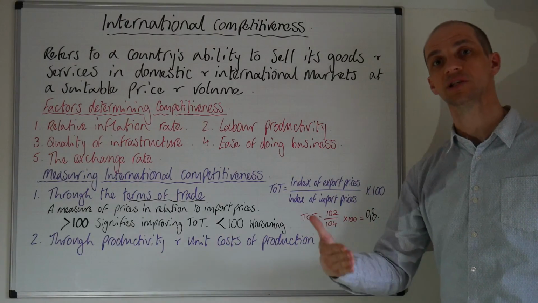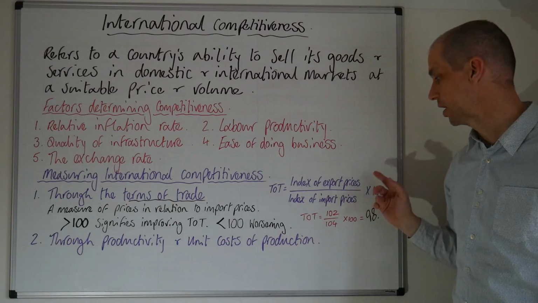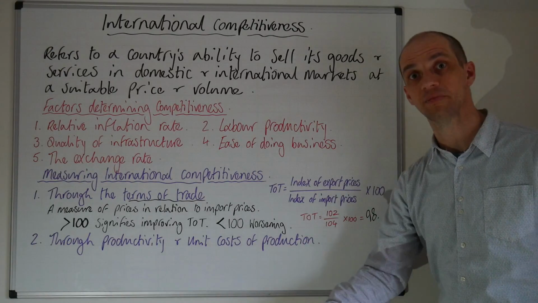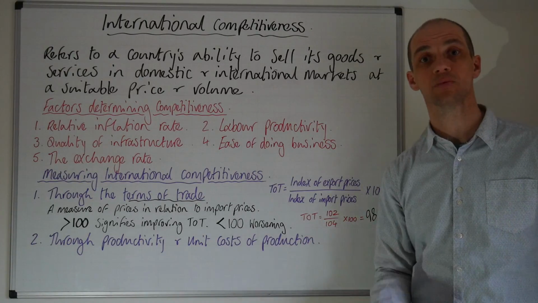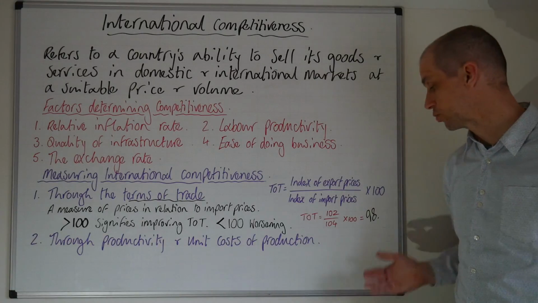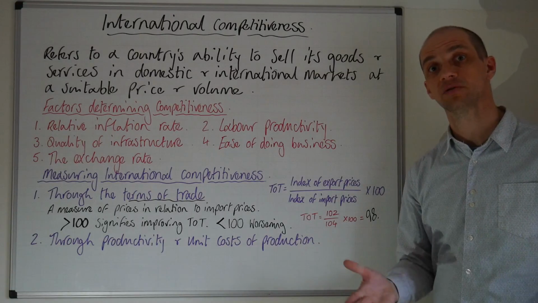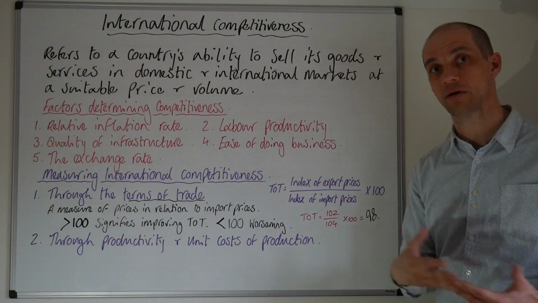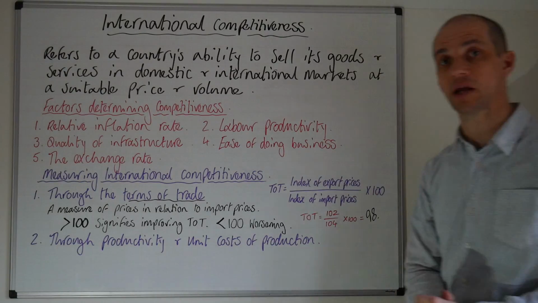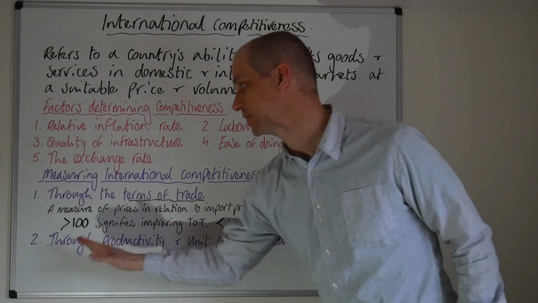If the supply increases, the price of those exporting goods would come down, and therefore your terms of trade would worsen. So the question is really, why have the terms of trade worsened? What is behind that underlying motive? So as I say, we'll look at this in more detail later.